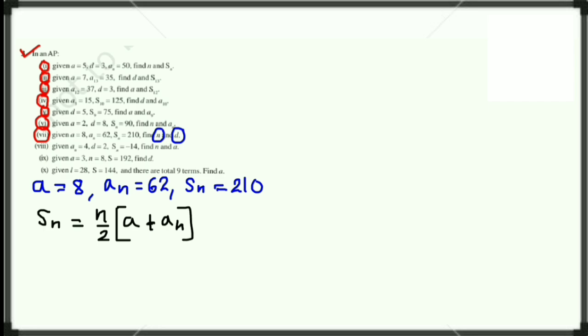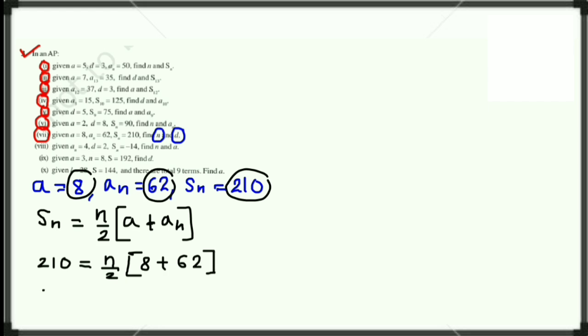Now Sn is equal to 210, so 210 equal to n by 2 (8 plus 62).